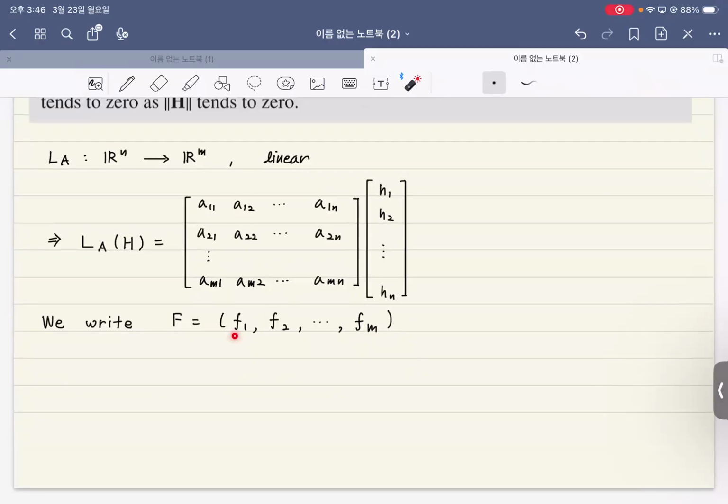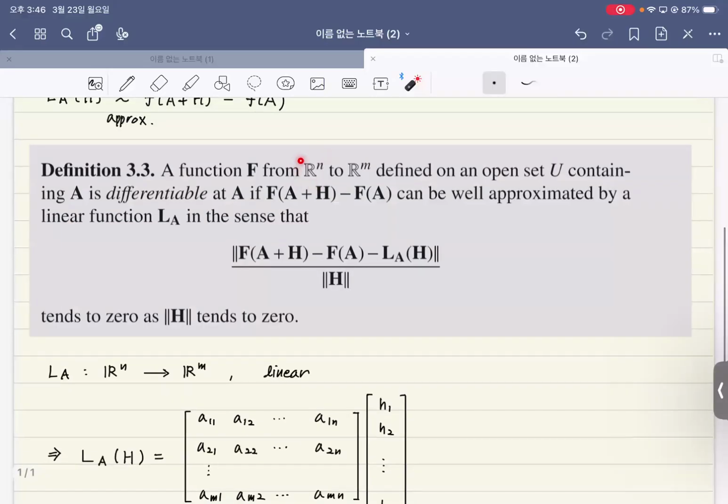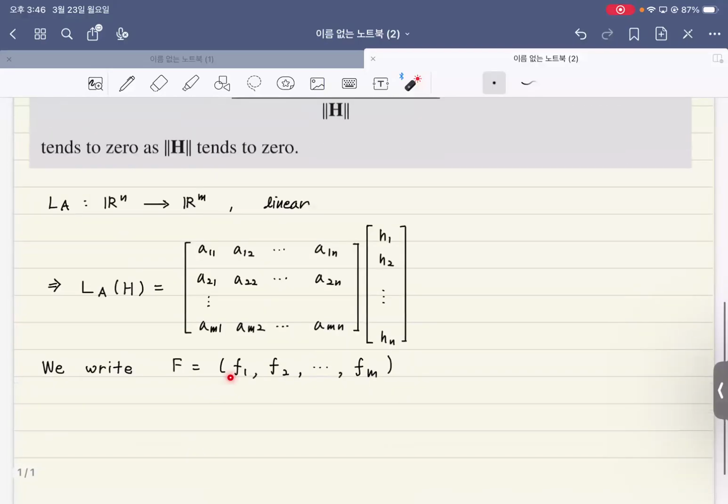Each of these components, from small f1 to small f_m, is a real valued function defined on R^n. In other words, these component functions are n-variable real valued functions.